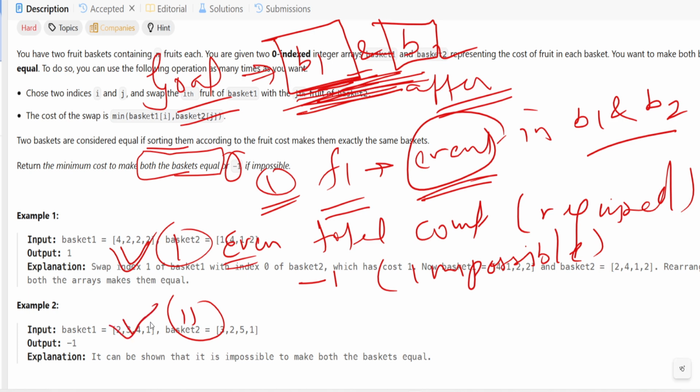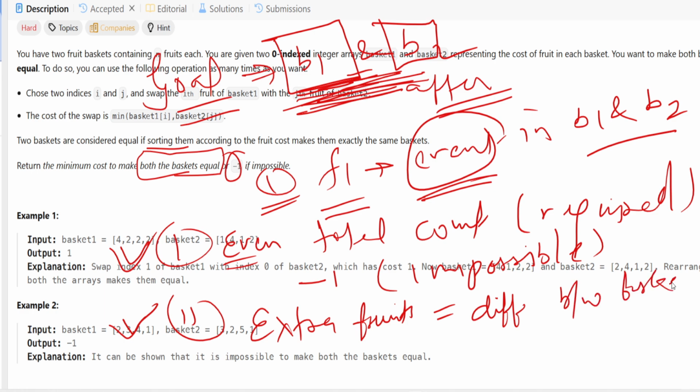Then what is the other condition? If we have extra fruit, we have to check that the extra fruits equal the difference between the baskets. After checking the total, let's look at how many extra copies of each fruit one basket has.